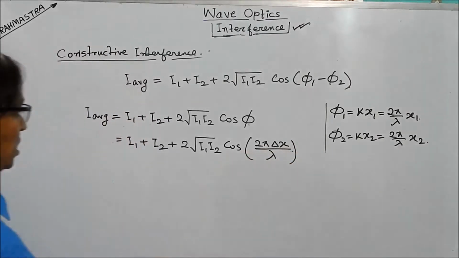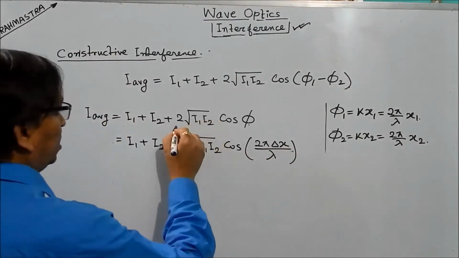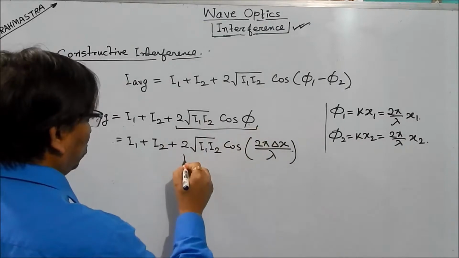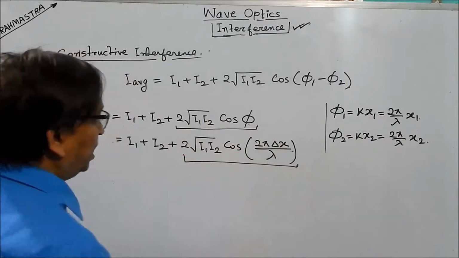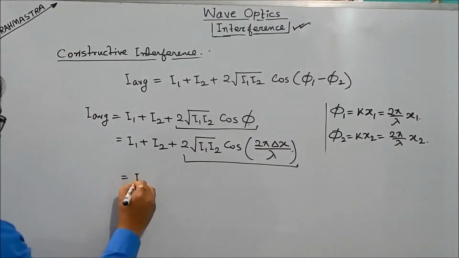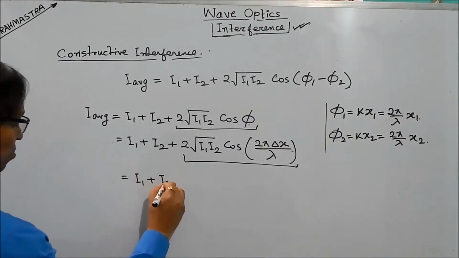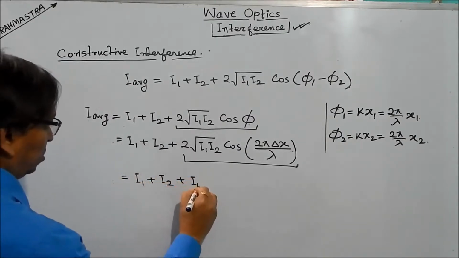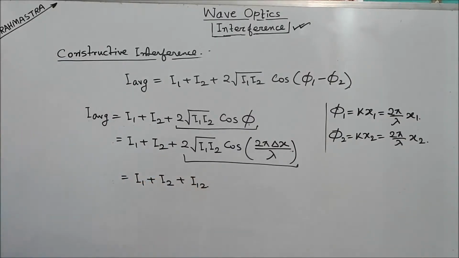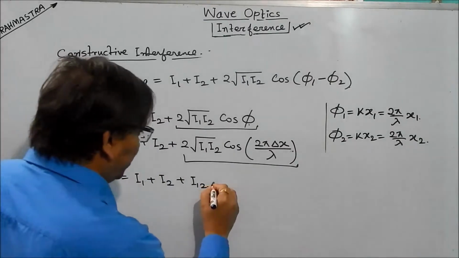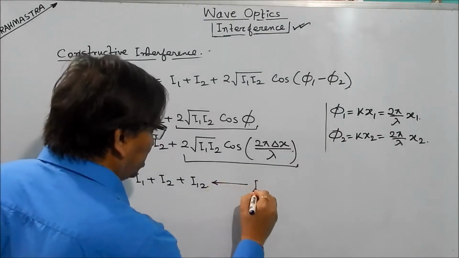So this is another relation. This total term is called the interference term. Why is this called interference? This is called the interference term basically.